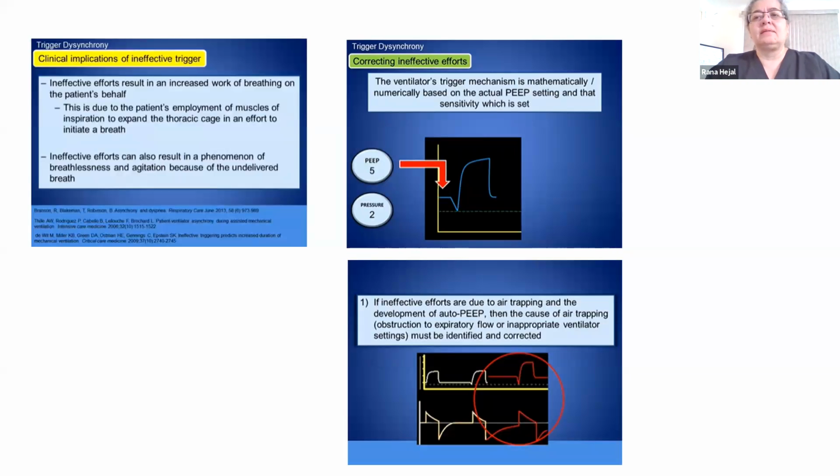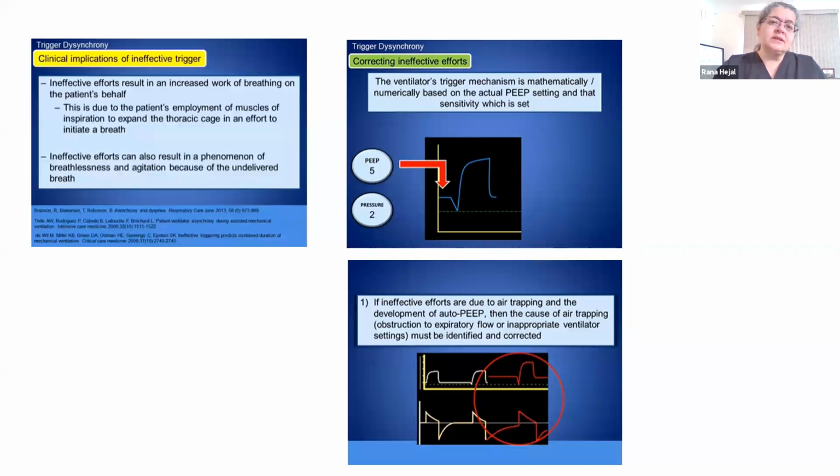So let's say their auto-PEEP is 5, and you set the sensitivity on the ventilator at 2. They have to really achieve a -3 to be able to get the breath in. But when you put the sensitivity at 2, they would never be able to achieve it. So all their effort becomes useless.